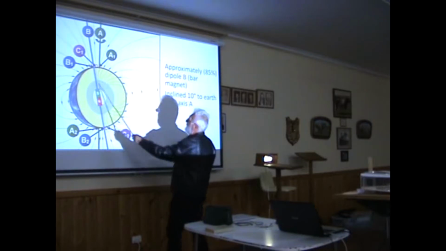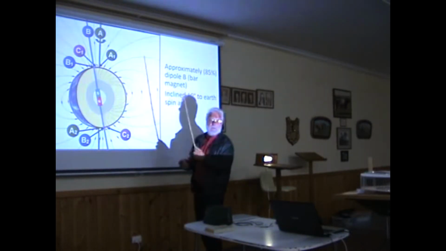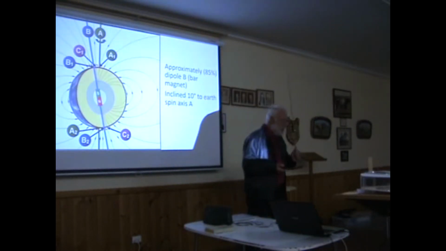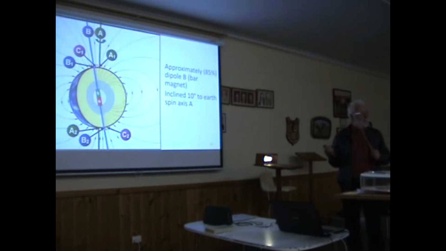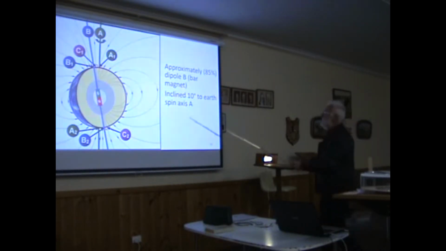Axis A, that's drawn there. That's the spin axis of the Earth. So A1 is the real geographic north pole, and A2 is the real geographic south pole. But you'd be tempted to think that B1 is the magnetic north pole, but it's not, because the approximation that it's a simple bar magnet is not very good. There's not actually any symmetry line.